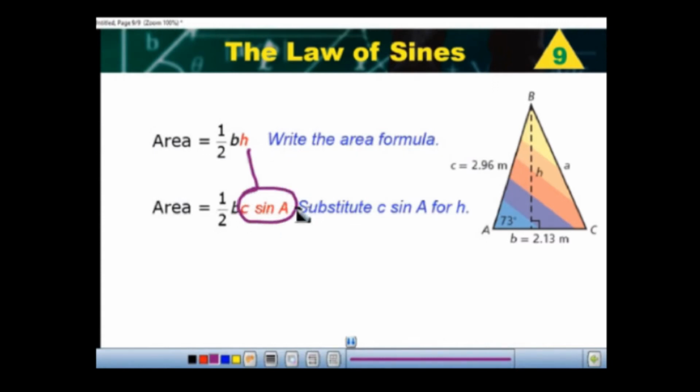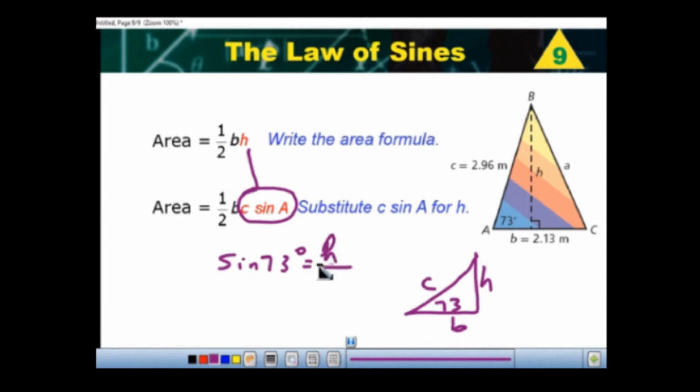I want to just explain this a little bit here. So here's h, and here is your b, and here's your c. This is angle 73 again, and we just said that sine 73 degrees is going to be the opposite, h, over c.